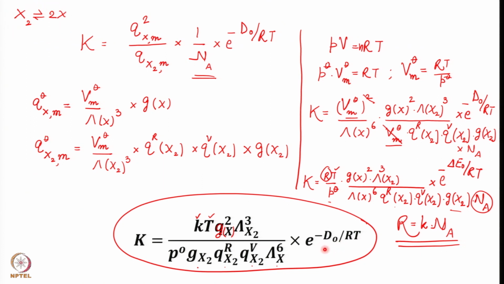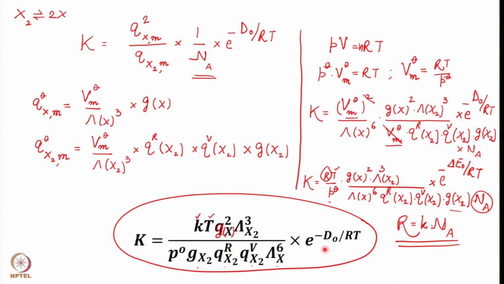And this dissociation energy you can obtain from the 0 point vibrational energy. We will take up an example later on to show how dissociation energy at 0 Kelvin can be calculated from the vibrational wave number data. But for the time being, remember that depending upon whether your reactants or products are atoms or molecules, you need to take their partition functions accordingly.